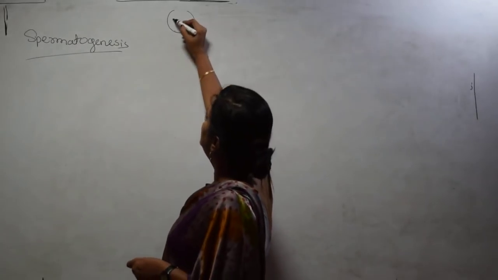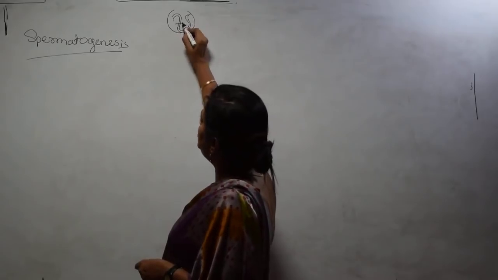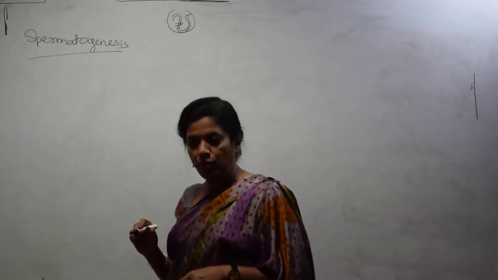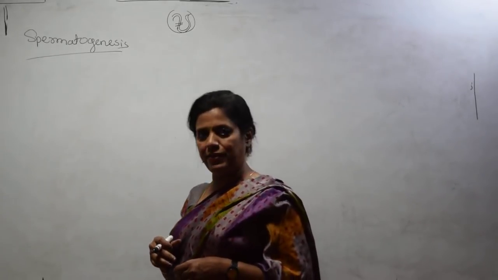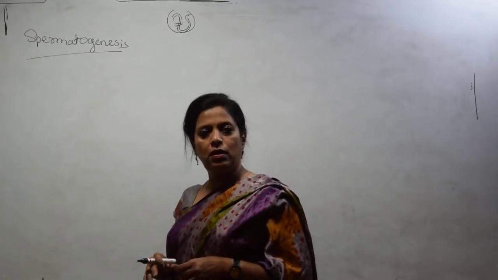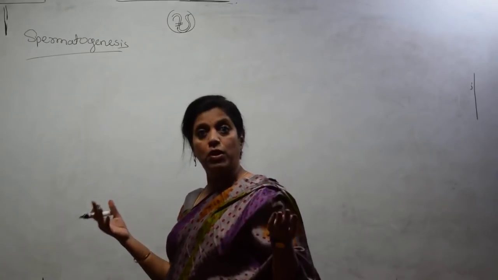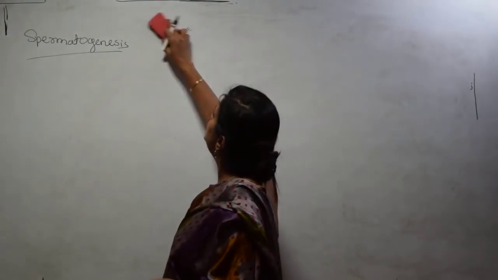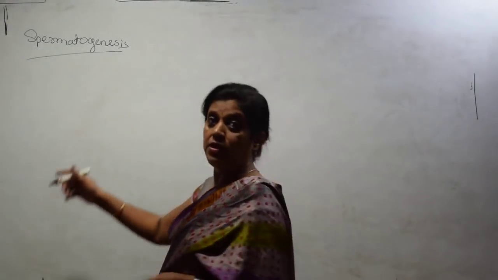Testes are like this, and here are the seminiferous tubules, right? If you take a section of these seminiferous tubules, in their lining, sperms are formed from the lining cells called germinal epithelial cells. These are diploid because they are still vegetative cells, as they have yet to undergo meiosis. Therefore, when I start with spermatogenesis, you think that I am talking with respect to the internal germinal epithelial lining.